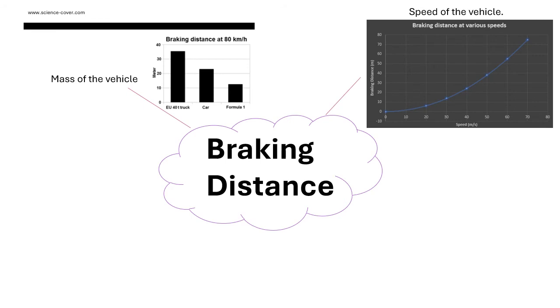Another factor that affects braking distance is the speed of the vehicle. Vehicles that are travelling faster require a larger braking distance. The condition of the tyres or brake pads will also affect the braking distance. We can class this as vehicle maintenance.